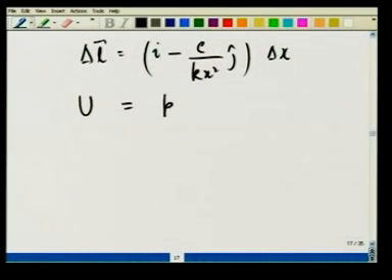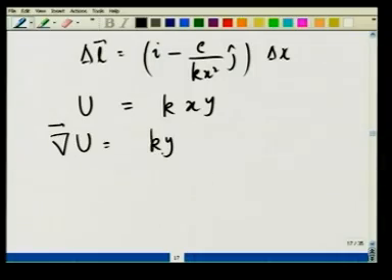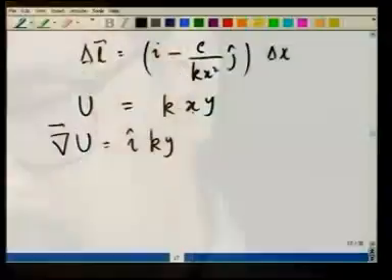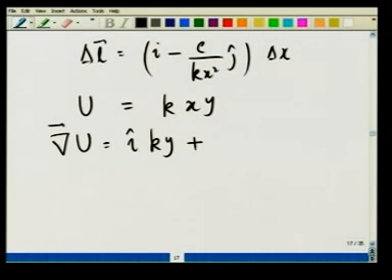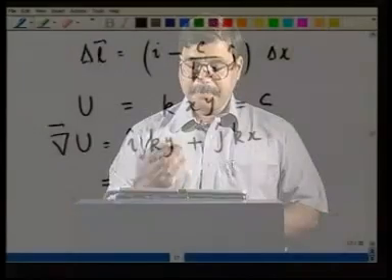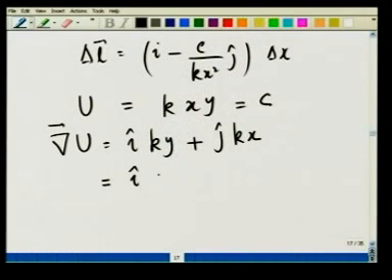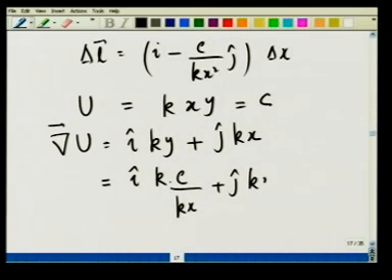U is equal to kxy, and therefore gradient of U is going to be ky along the i direction. When I take the partial derivative of this, I keep y constant and differentiate with respect to x, plus j kx. And since this is a constant, I again can write on that particular curve, ky is nothing but c over x, plus j kx.